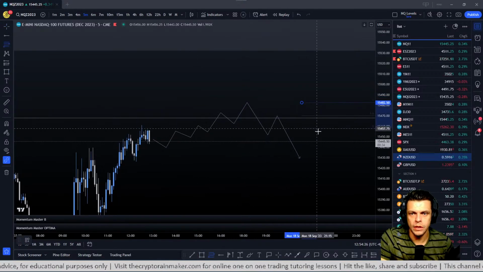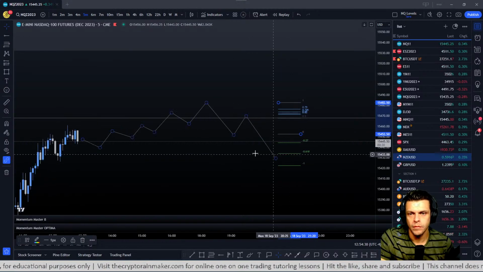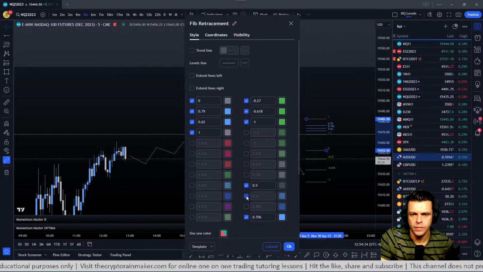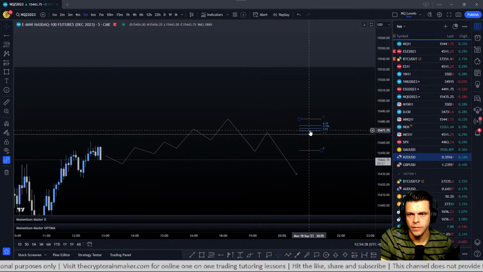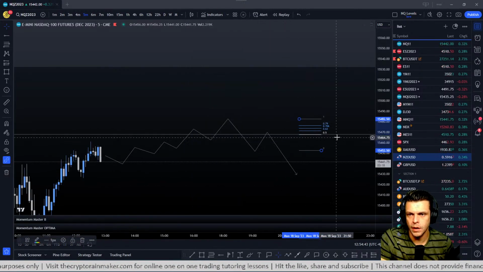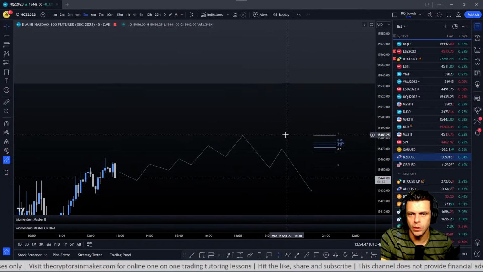And then we want to see a retrace into premium. Want to change the 0.5 to something that we can see better. The premium is above the 0.5 or the equilibrium.